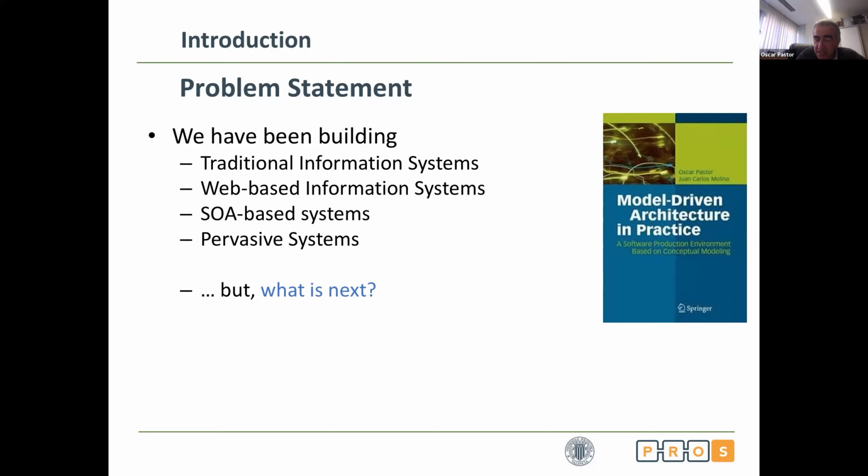What is next? What is an especially attractive data-intensive domain where we could apply our conceptual modeling experience and expertise?